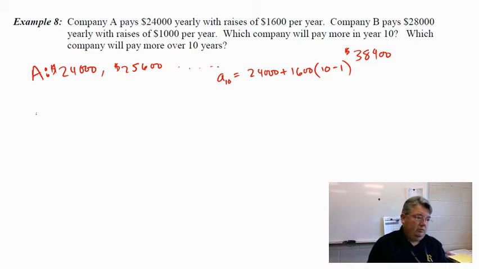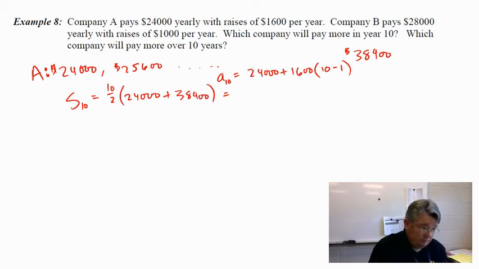Okay. Company B, and then you know what? Since I'm dealing with company A, I might as well figure out the sum. The sum of 10 years of pay is going to be 10 over 2 times the first year, 24,000, plus the last year, 38,400.